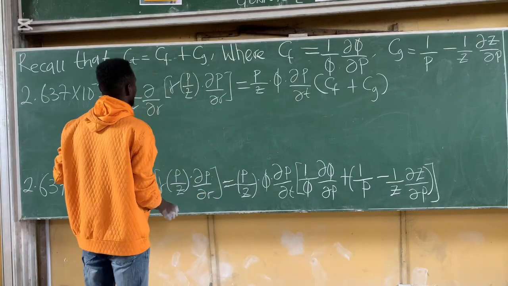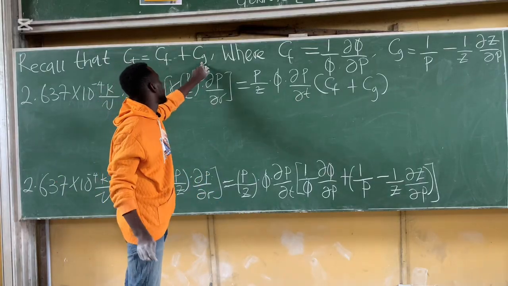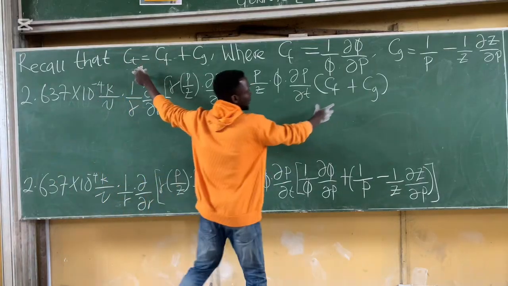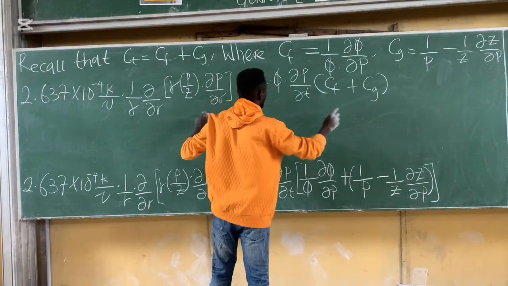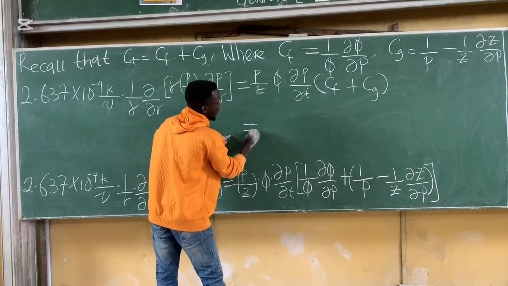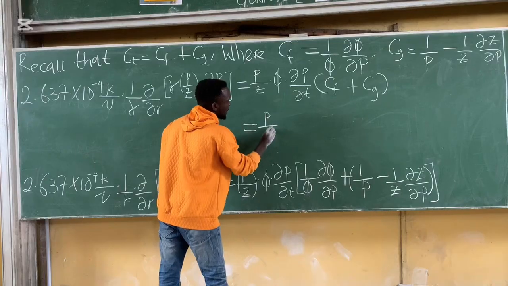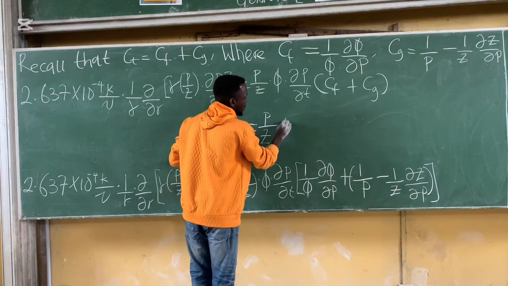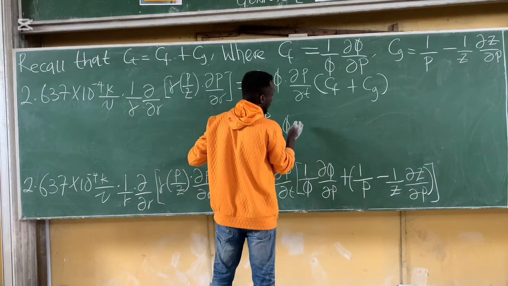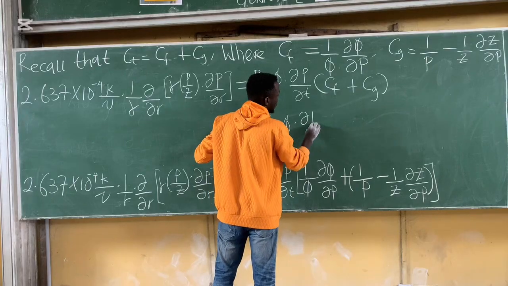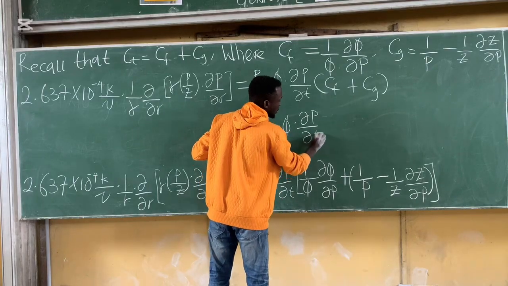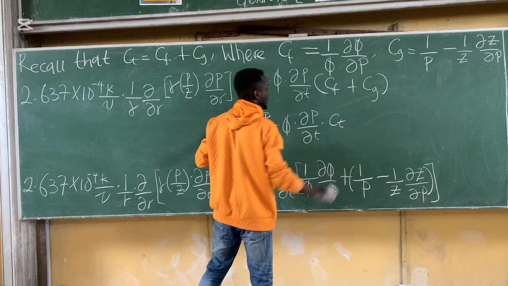So we also said that Cf plus Cg is equal to Ct. So we can simply represent Cf plus Cg here with Ct. So we can simply write this as p divided by z multiplied by phi times dp/dt multiplied by Ct.